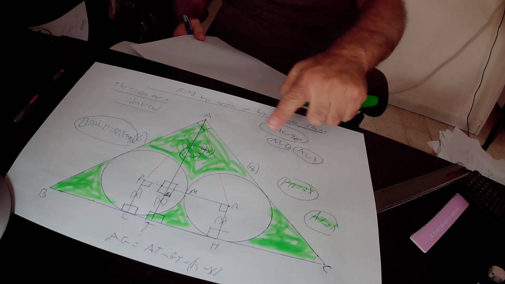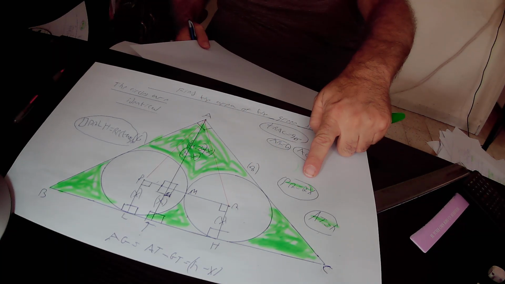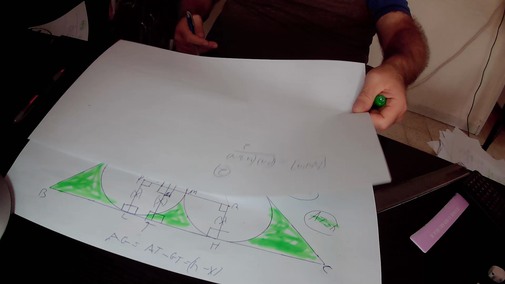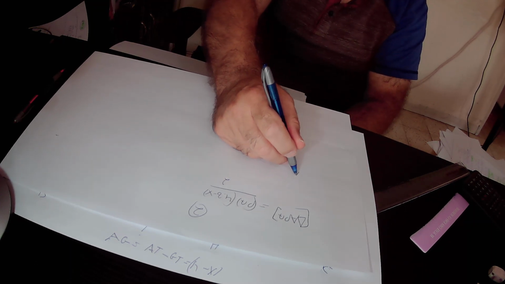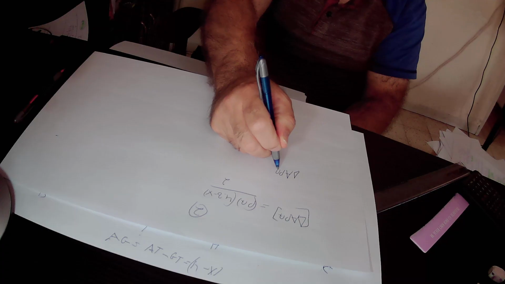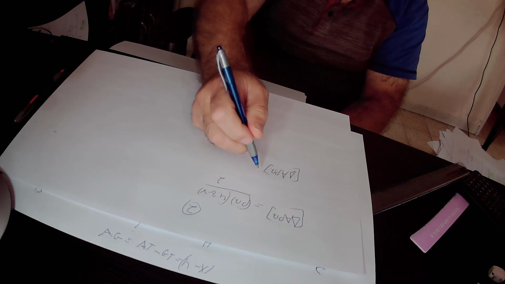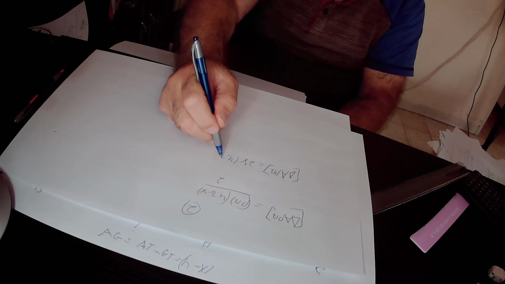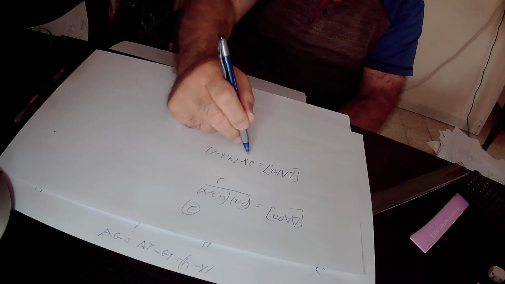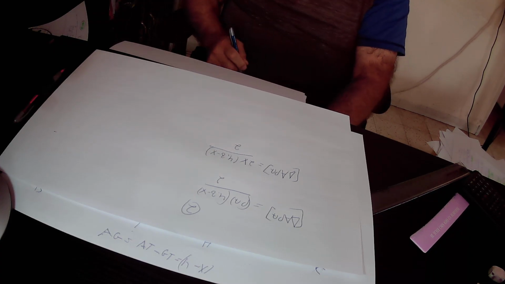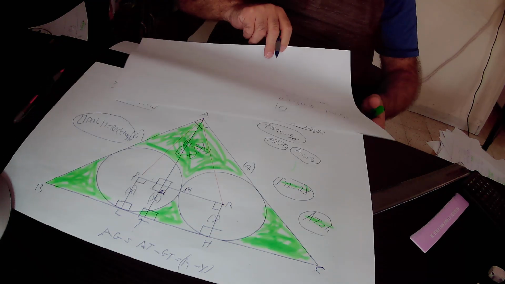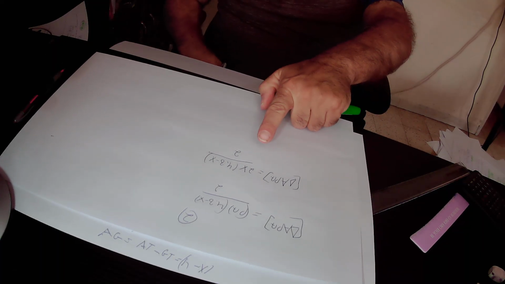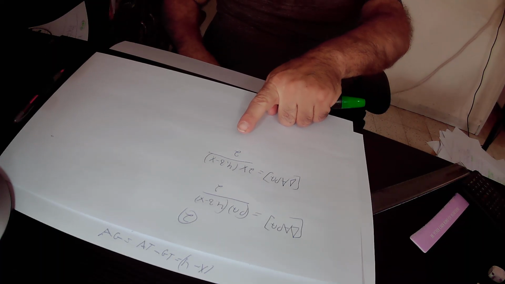We already found that the base PQ equals 2x. So we substitute the base PQ with 2x. Now the area of the small triangle APQ equals 2x times 4.8 minus x over 2.